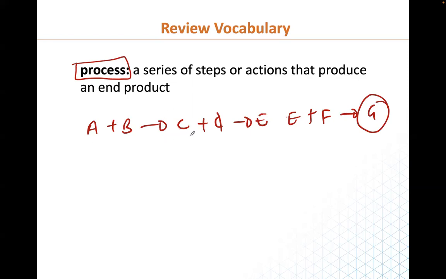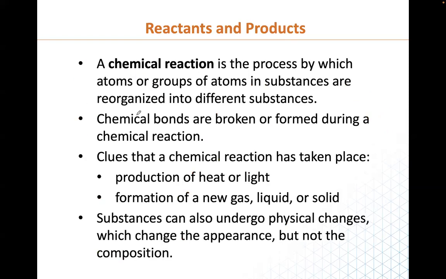But we can have an intermediate product, like C, because it's a product from reactants A plus B. And C became a reactant combined with D to give you product E. And product E also became a reactant to react with F to give you product G. So this is what we call a process, a series of steps or actions that produce an end product.